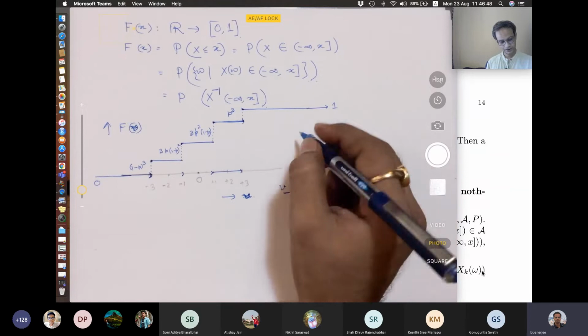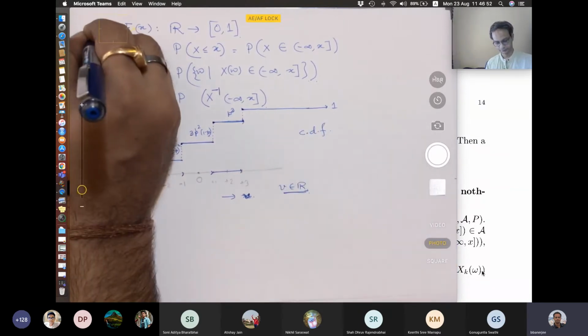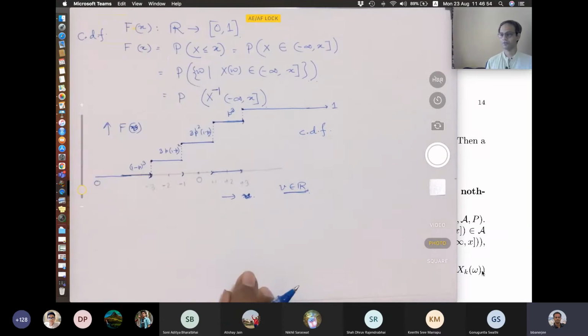And this is the cumulative distribution function, CDF. For a random variable, the cumulative distribution function uniquely identifies its features. If you know the cumulative distribution function, you know everything about the random variable.